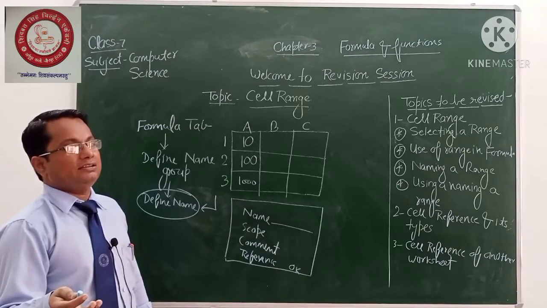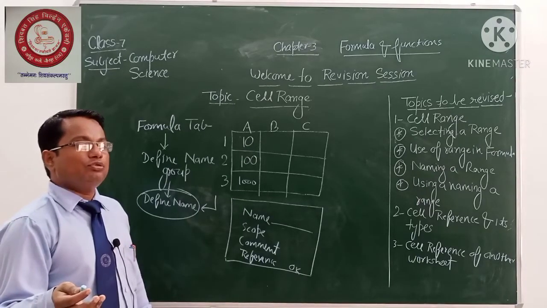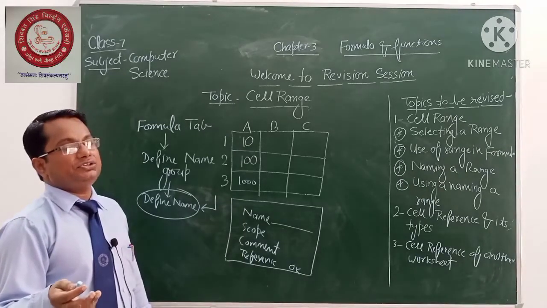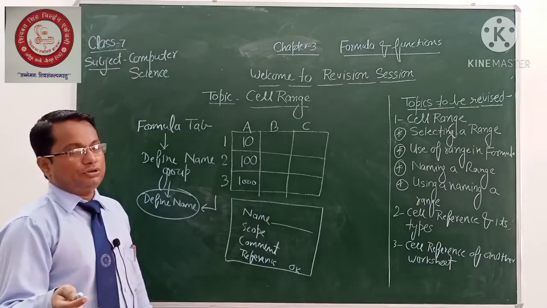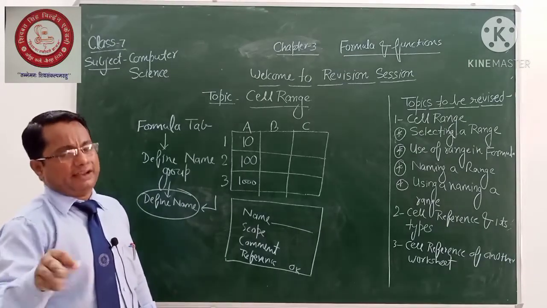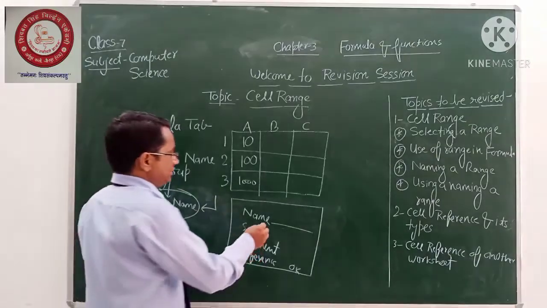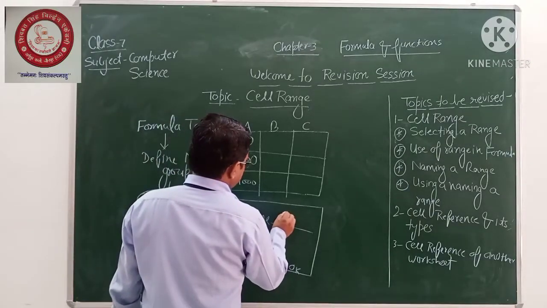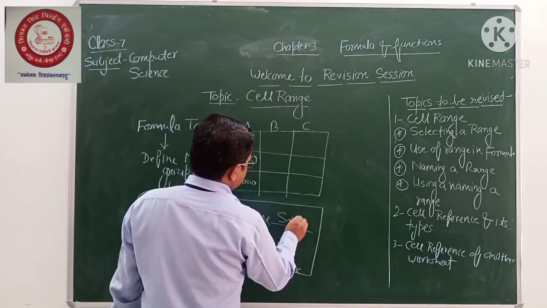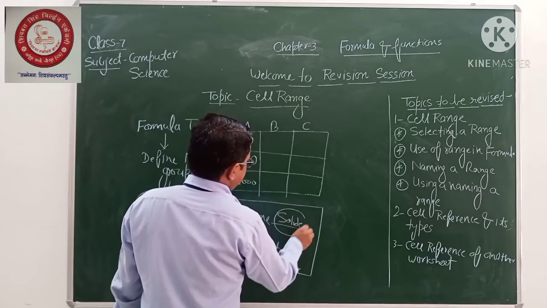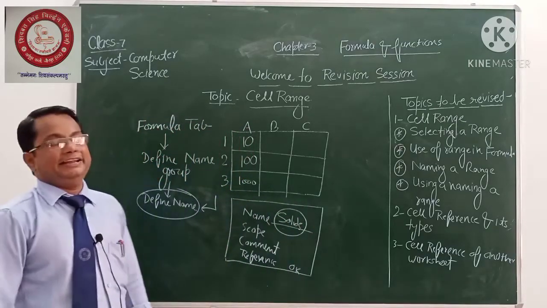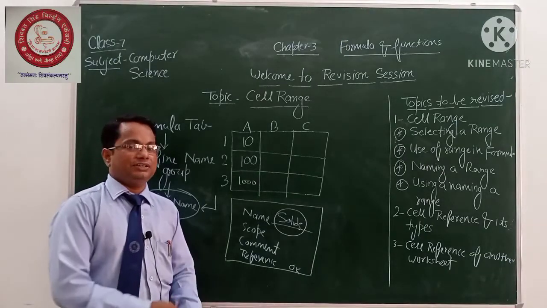Like I want to add the count of solids, so you can write here user underscore solid, or you can give any other name also. So I am taking here solids. The name of the range is solids.